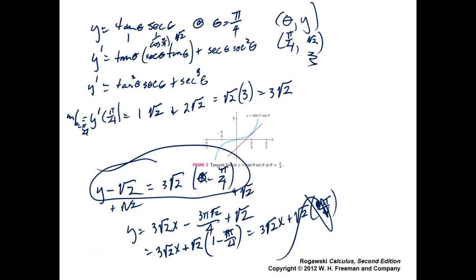I was trying to do something I couldn't do. They left it in that form, which is a perfectly good equation of a line. It's just not slope-intercept form.